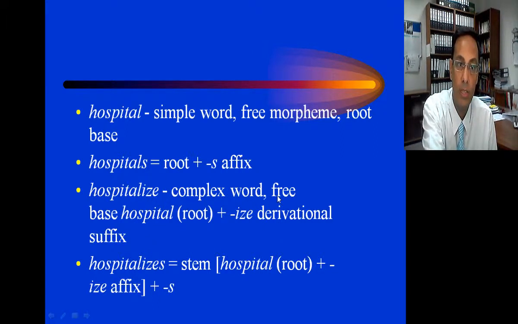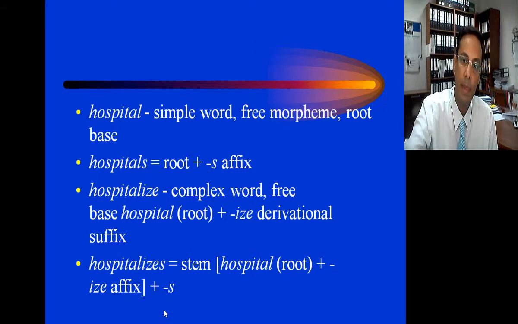It is the free base hospital, which is the root, plus -ize, a derivational suffix. Hospitalizes: we have the stem hospitalize, the root hospital plus -ize suffix or affix, plus the -s as the inflectional suffix. We will understand the difference between derivational and inflectional morphemes later.